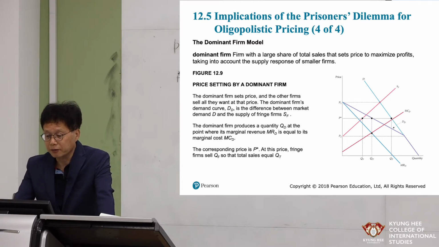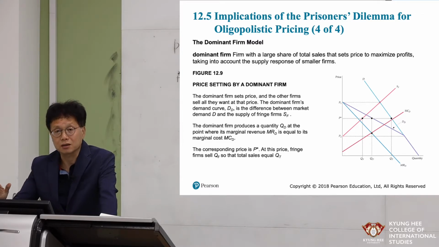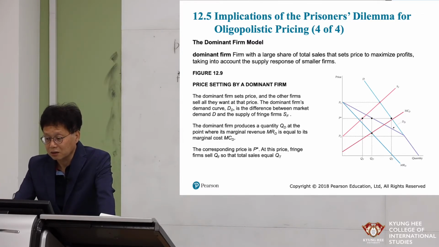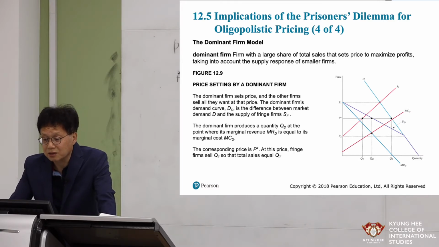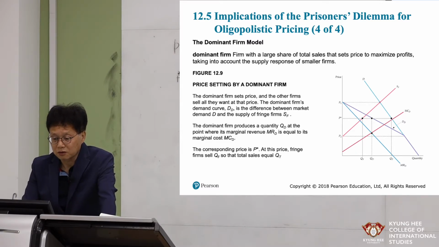So the dominant firm decides the price of the market to maximize its own profit, but taking into account the supply response of smaller firms, after considering the responses of smaller firms. Okay? That is a dominant firm.